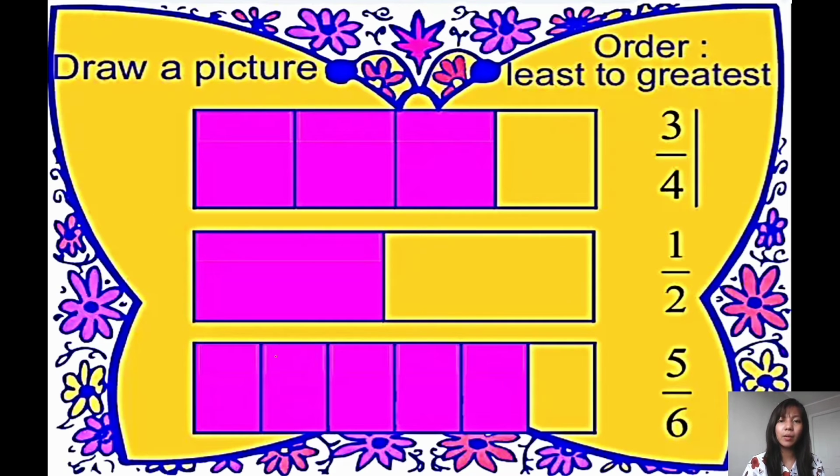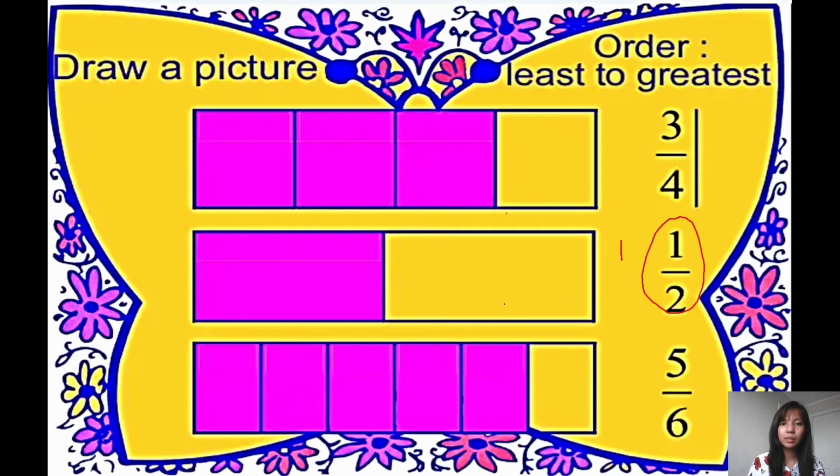So as you can see, which one is the smallest or the least fraction? This one, 1/2, right? So this is the very least, 1/2. Next is 3/4 and 5/6.